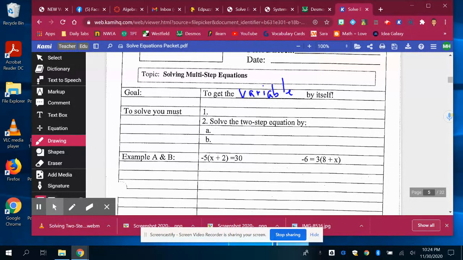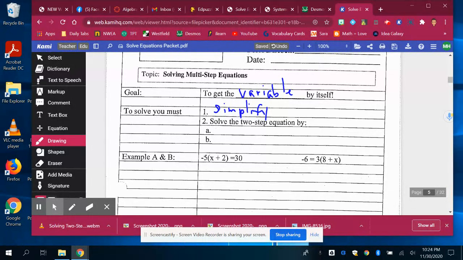by itself. To solve, you must first simplify as much as possible.